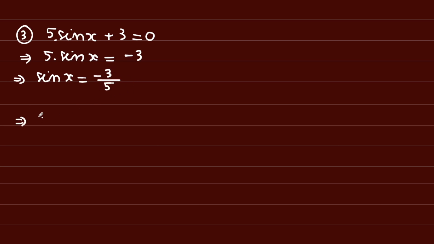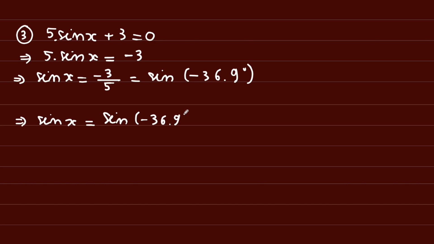Okay, and then we need to convert negative 3 over 5 to the sine of an angle. Sine of minus 3 over 5 becomes the sine of negative 36.9 degrees. Okay, and the general solution is quite easy to apply here. The original angle we have is minus 36.9, and the first one I will keep unchanged.